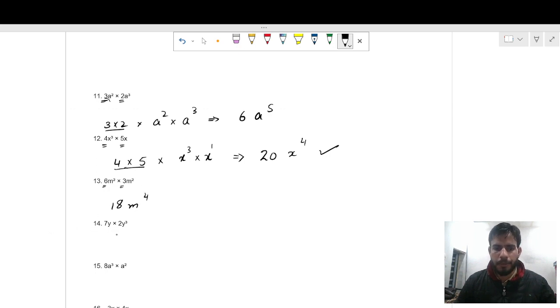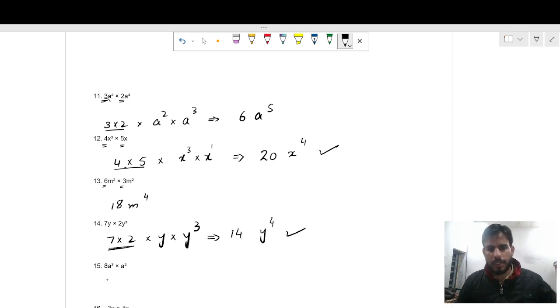7 times 2, y times y cubed. This simplifies as 7 times 2 is 14, y times y cubed will be y to the power of 4, so that is our final answer.